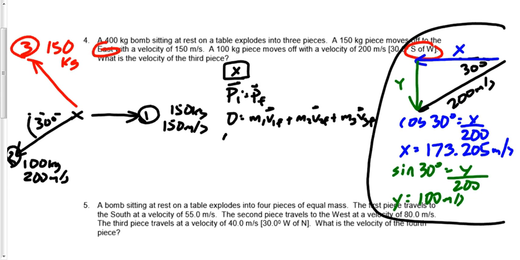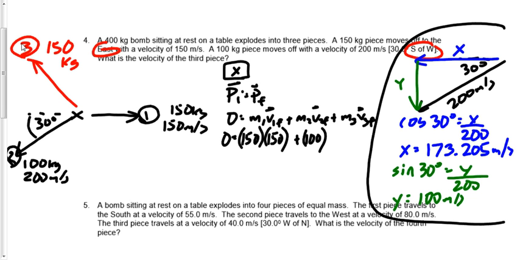But in our example, it doesn't. M1 is 150. V1F is 150. M2 is 100. Oh, by the way, I think we talked about this in the example yesterday. Remember that 200 meters per second is dead to us now. We're never going to use that again. That 200 is gone forever in this question.